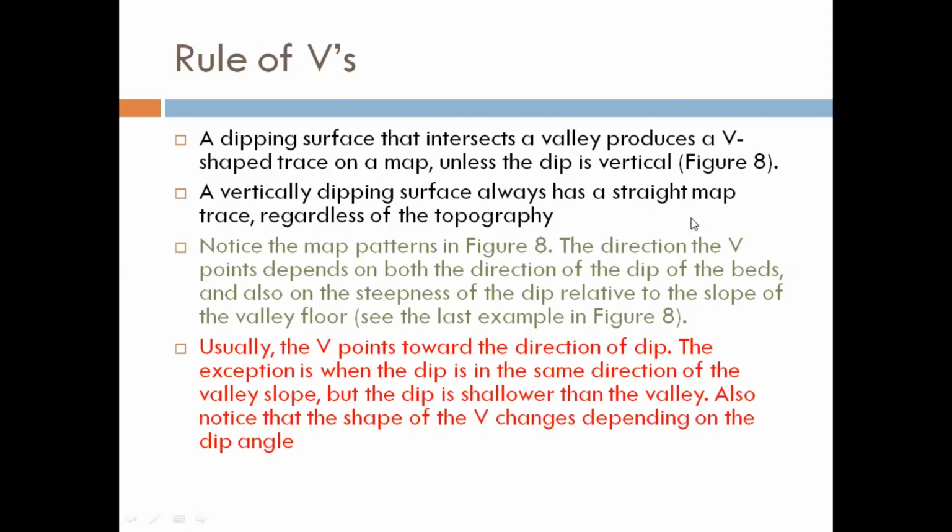Upstream and downstream, we will see shortly. What does it mean? Usually the V points towards the direction of the dip. The exception is when the dip is in the same direction as the valley slope, but the dip is shallower than the valley. Also notice that the shape of the V changes depending on the dip angle.